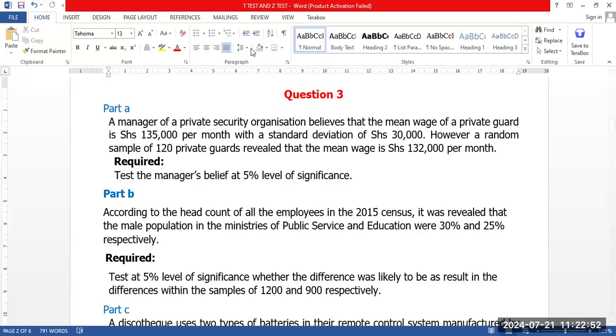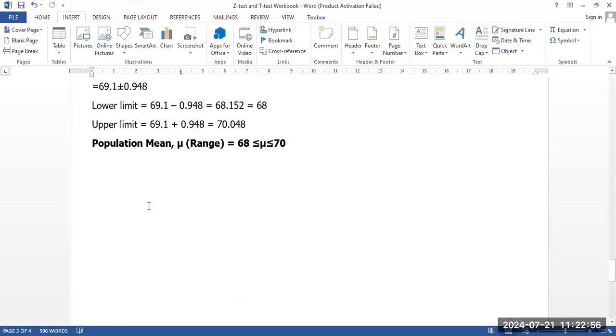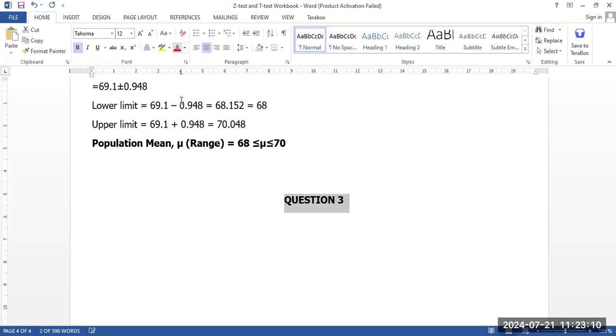So we can state our null hypothesis. This is Question 3. Our null hypothesis.